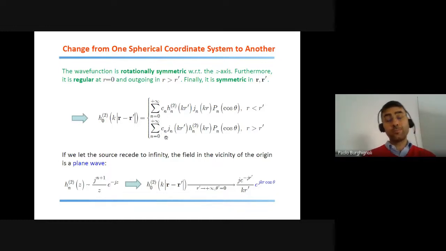To find this coefficient, we may reduce this wave to a plane wave by letting the source go to infinity.